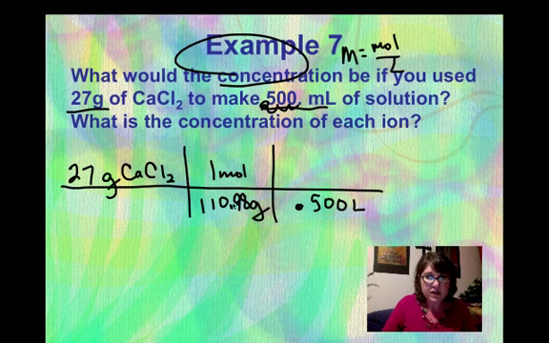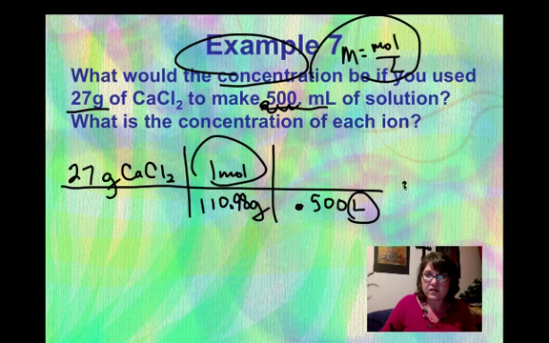Grams cancels, and now I have moles per liter. Our question is asking for moles per liter. So when you get your units to look the way you want, you better stop. Remember, if you kept going past your target, you wouldn't hit what you were aiming for. Oh, doing it wrong. Divide by 0.5, and I get 0.4865, 2 sig figs.